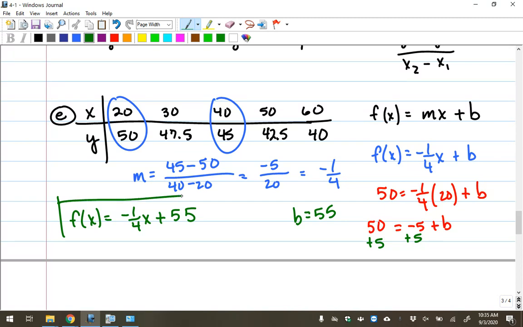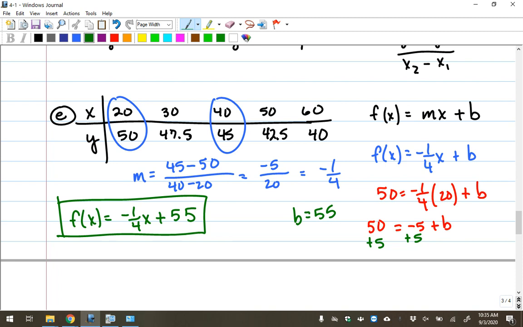There we go. You could check that by graphing that and then checking some ordered pairs, and make sure when you plug in 30, you get something really, really close to 47.5. For this one, it'll be exactly that. So that's how you check to see if that problem is right.